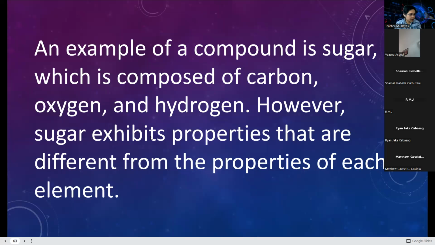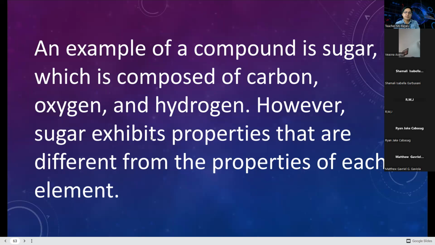The chemical formula for sugar is C6H12O6: 6 atoms of carbon, 12 atoms of hydrogen, and 6 atoms of oxygen.